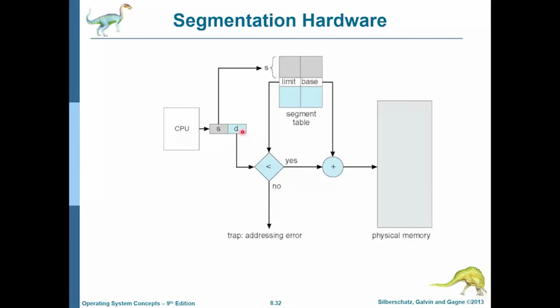So the offset has to be strictly less than the limit. And if it is so, then the base of the segment is taken and this offset is added to that, and you can get your physical memory address that way. So this is the process that we use to convert a logical or a virtual address to a physical address when segmentation is being used.